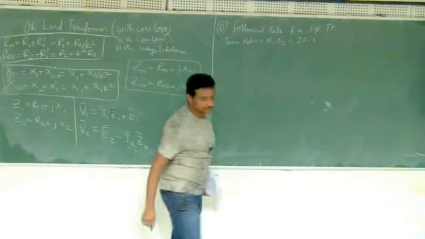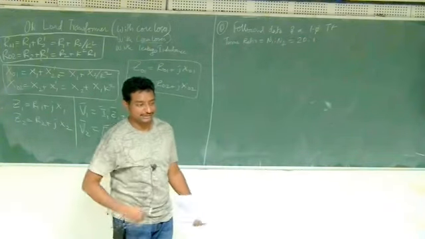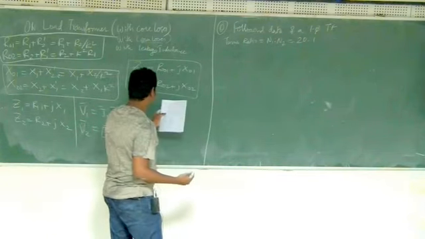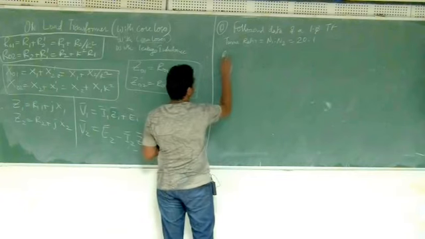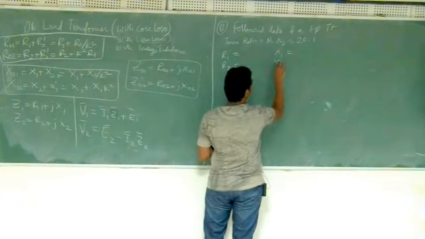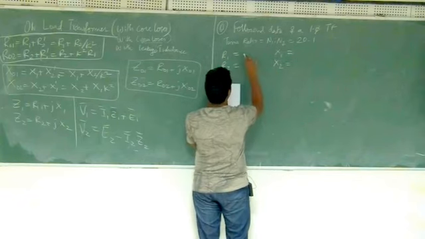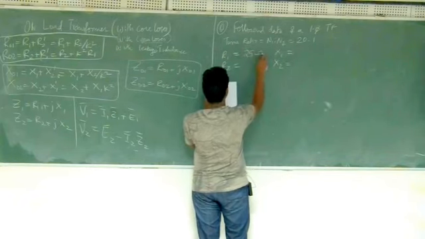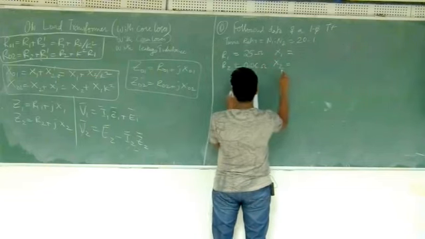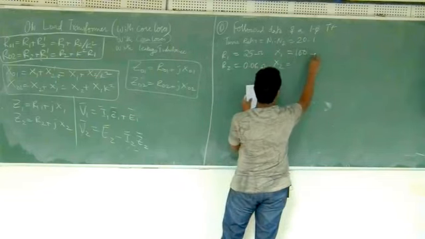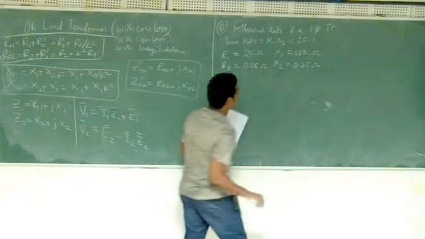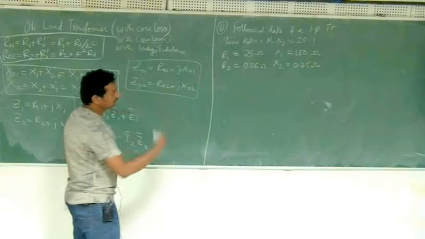So instead of giving the turns, they can give the ratio also. Now the parameters R1, R2, X1, X2 are 25 ohms, 0.06 ohms, 100 ohms and 0.25 ohms. So this much impedance is given.